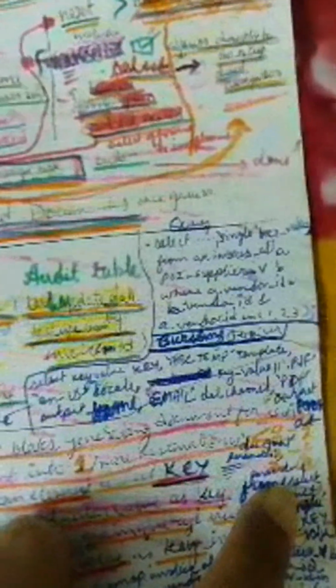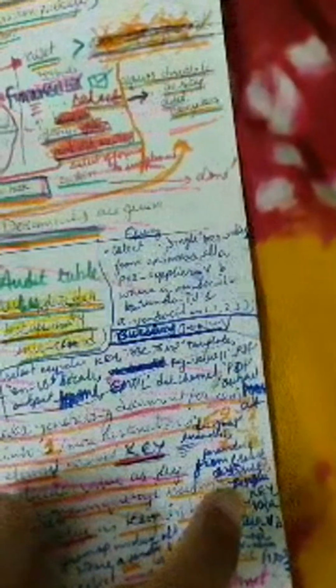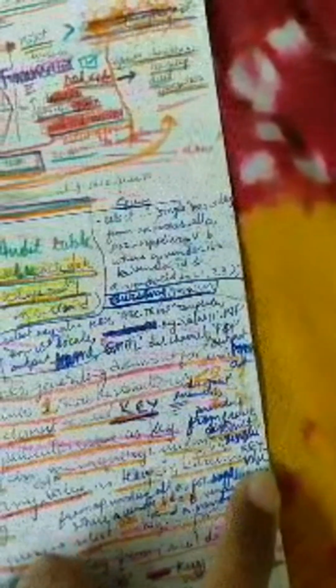Now, instead of a table name, I'll be using a query here. Select distinct single key value. See, again I'm using the same thing, single key value. I've given a column name, from invoices all and all these things. The same query is written again.